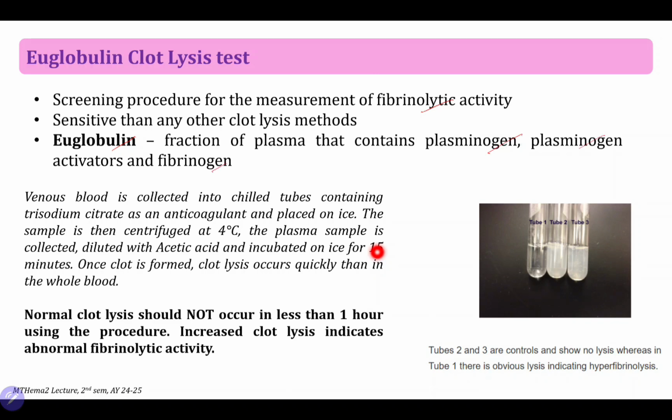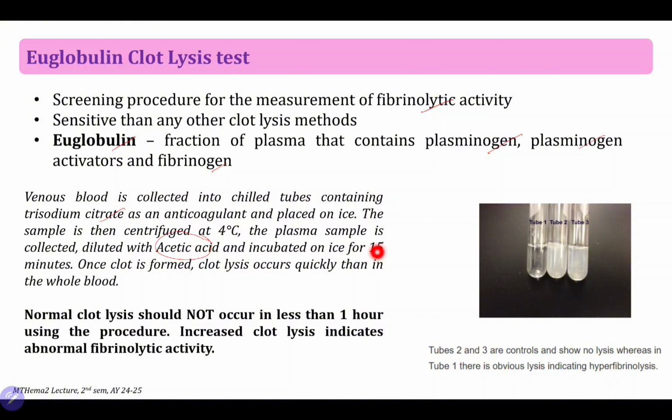Now, in the principle for the euglobulin clot lysis test, venous blood is collected into chilled tubes containing trisodium citrate as an anticoagulant and placed on ice. Now, this sample is then centrifuged at 4 degrees Celsius, and the plasma sample is collected and diluted with acetic acid as the reagent. Afterwards, it is incubated on ice for 15 minutes.